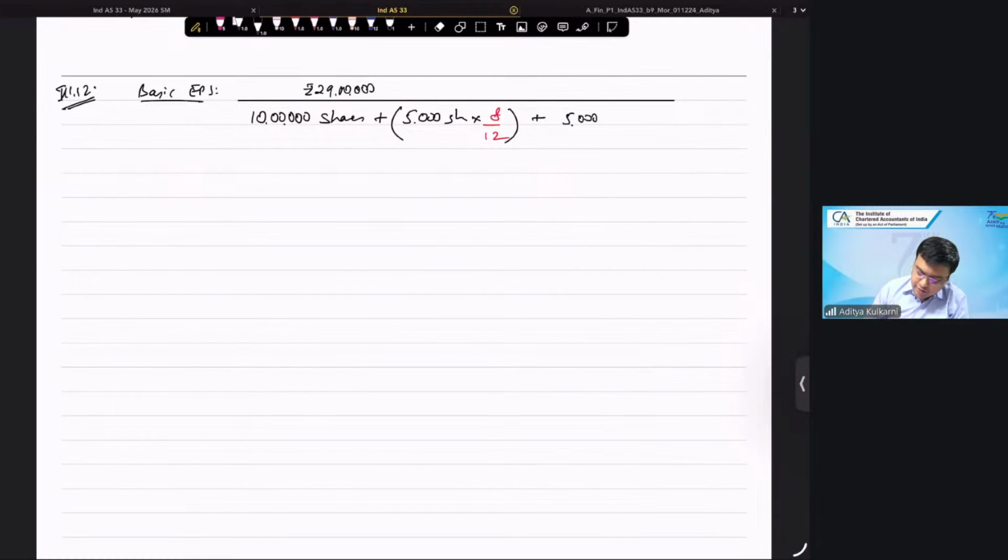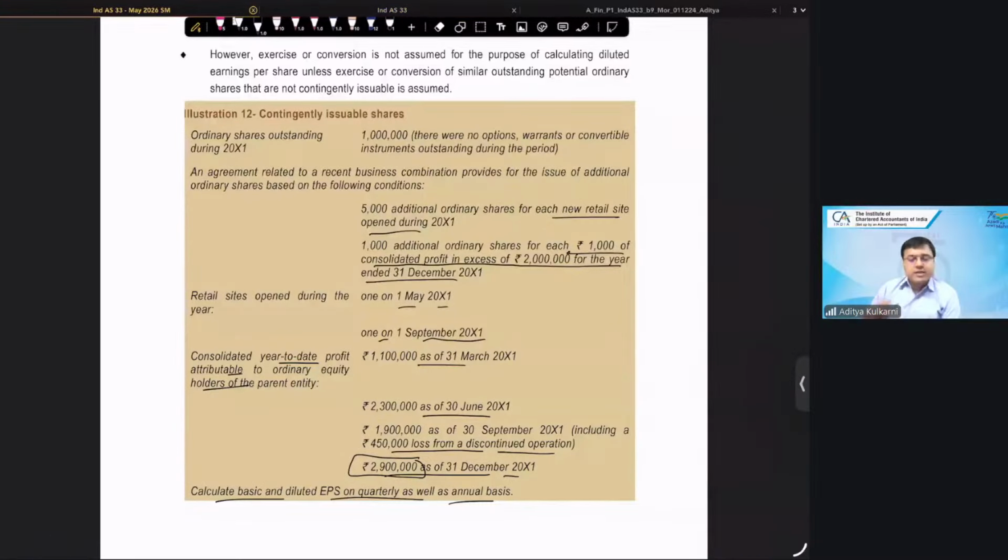So 5,000 shares into 4 by 12. So that's it. And profit condition is met. More than 20 lakh, did you earn the profit? Yes. But will the shares be issued by 31st December 20x1 or will it be issued afterwards?